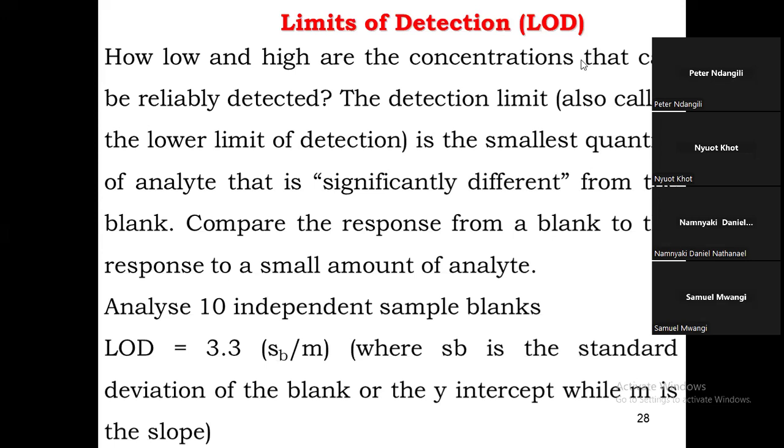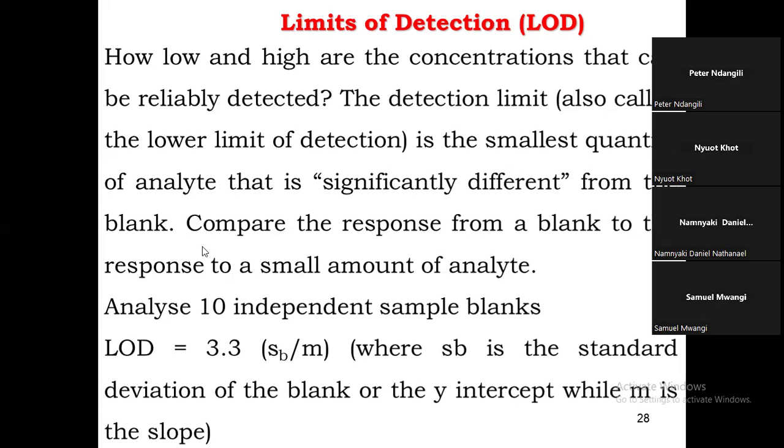I'm saying so because when you talk about 10 measurements of the blank, and those 10 measurements are giving you a standard deviation, you'd expect those 10 measurements of the blank to have a 0 analytical signal. And if they have a 0 analytical signal, then the standard deviation should be 0. But in practical sense, it is not likely that you're going to get a 0 signal for a blank measurement. You are going to get a signal.